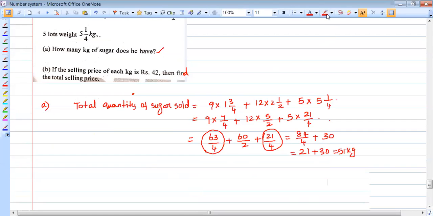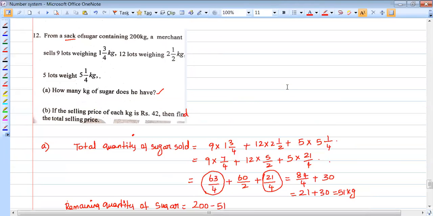So now it's time to calculate the remaining quantity of sugar. Remaining quantity of sugar is equal to 200 minus 51, because the total quantity of sugar he had in the beginning is 200 kg.